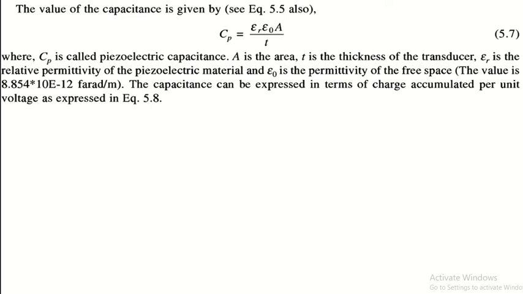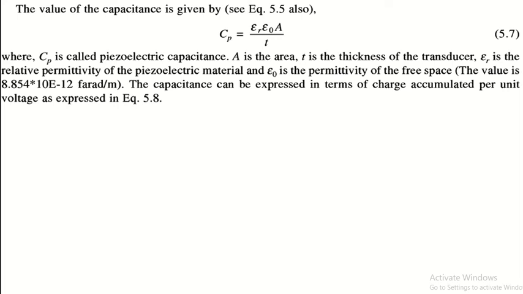So the value of the capacitance is given by Cp equals epsilon r epsilon naught A by T, where Cp is the piezoelectric capacitance, A is the area, T is the thickness of the transducer, epsilon r is the relative permittivity of the piezoelectric material, and epsilon naught is the permittivity of free space.